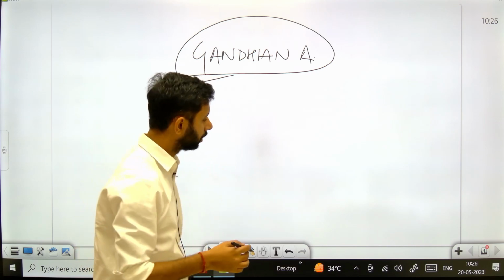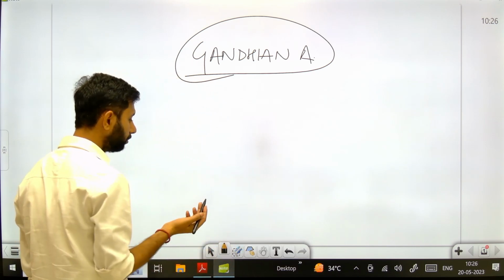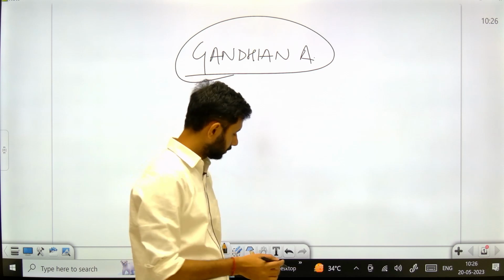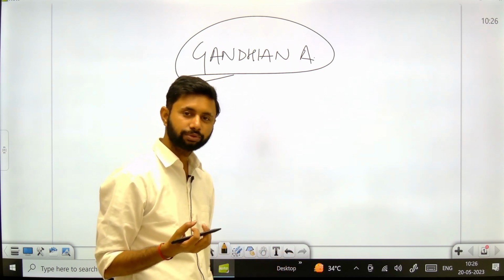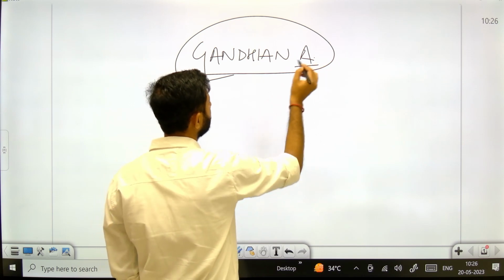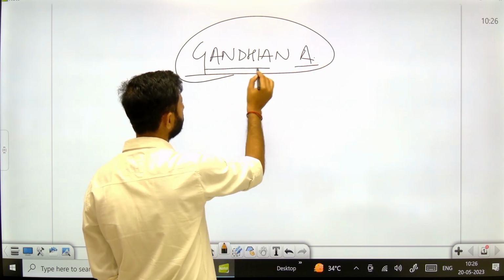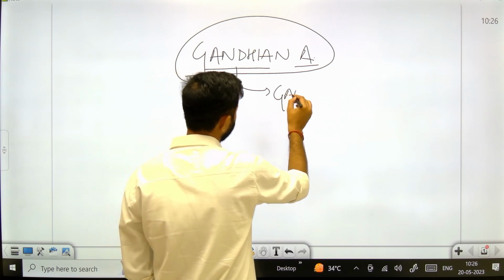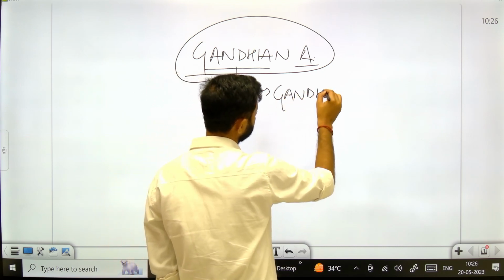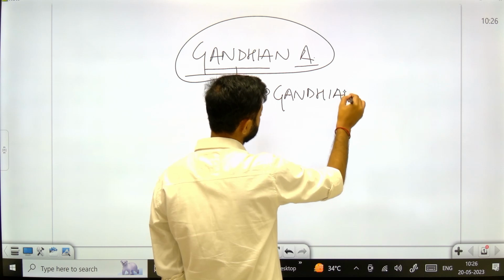Gandhian approach. Now you guys tell me, what are the basic principles of the Gandhian approach? If you don't know the Gandhian approach principles, just tell me what were the basic tenets of Gandhian philosophy, and I'll tell you his approach based on this.